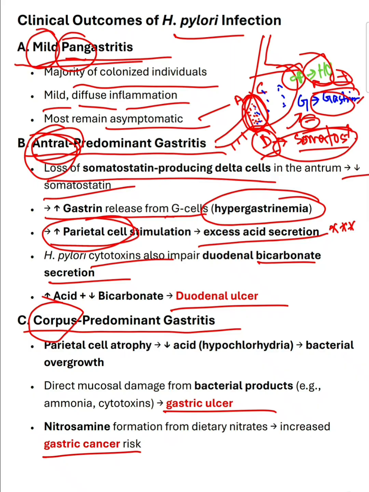So, because of these two situations where we have increased acid in the stomach and decreased bicarbonate in the duodenum, when this high acidic content from the stomach comes to the duodenum, and there is no bicarbonate or less bicarbonate, then this highly acidic content can damage the duodenal mucosa, causing duodenal ulcer.